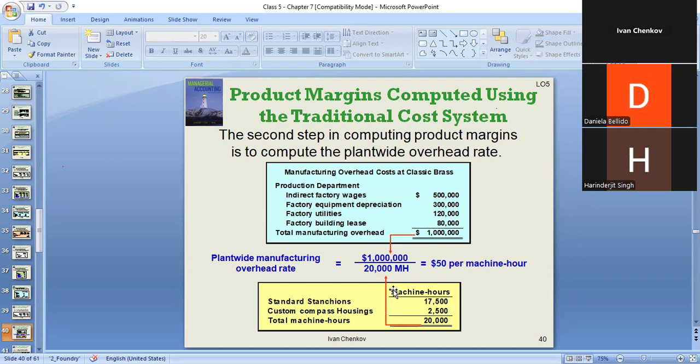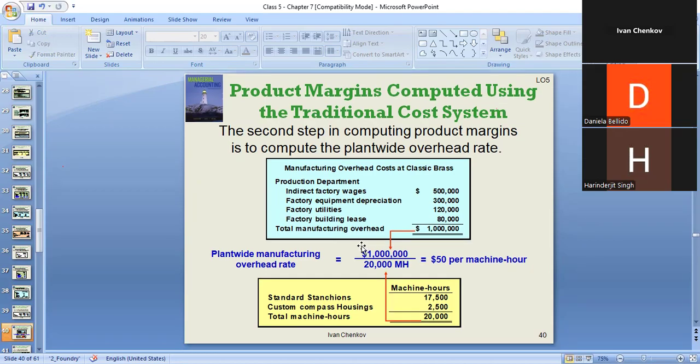We already know that our machine hours are 20,000: 17,500 from the sanction, and 2,500 from the custom, and the cost is 1 million. So that means for every machine hour that the division is using, we have to put $50.